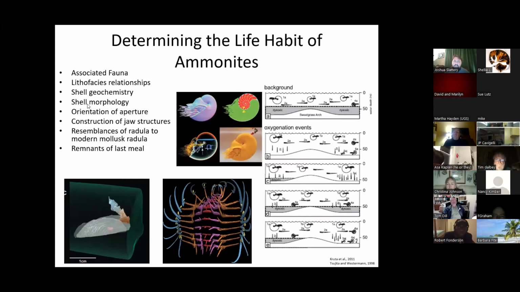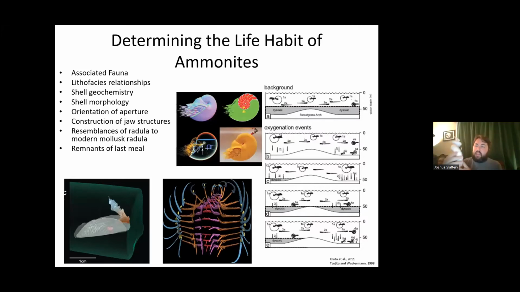We can also use their shell morphology, which is just the shape of their shell. We can look at if they were compressed, more active swimmers versus, let's say, something that was more of a passive floater like this ammonite, Didymoceras, that wouldn't be very much of an active swimmer.